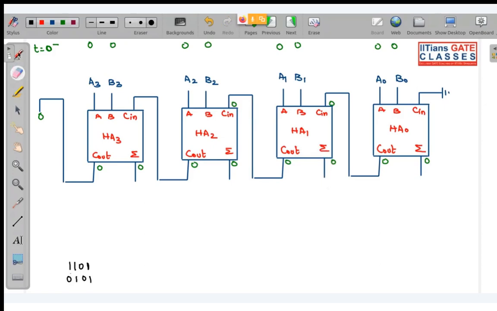We apply this input at t equal to 0. So this is 1 1 0 1, and v is 0 1 0 1. Okay, so now look very carefully.